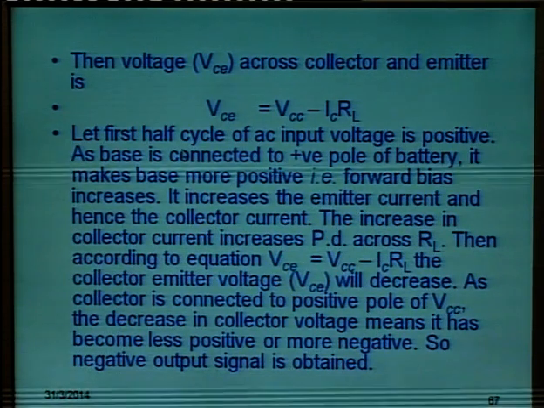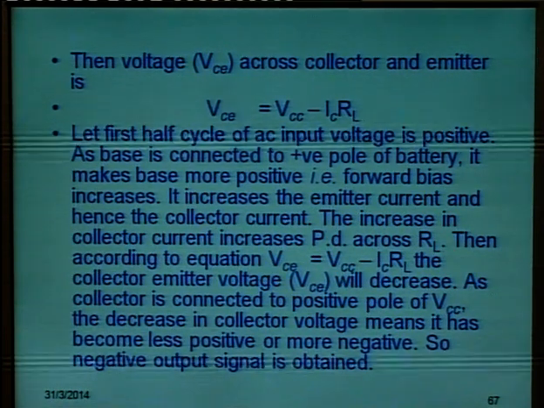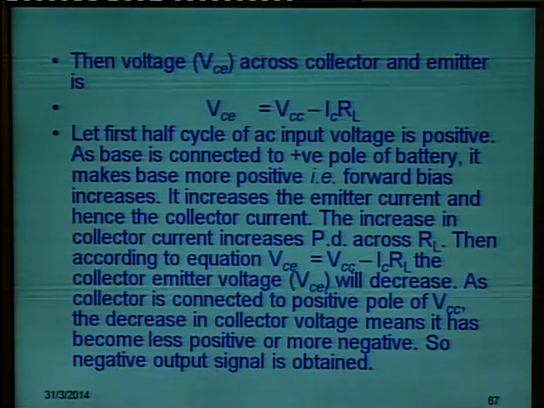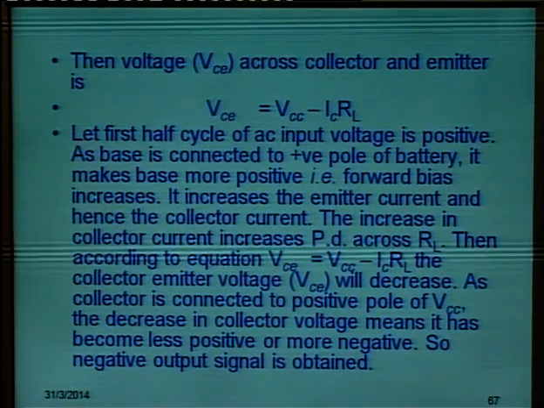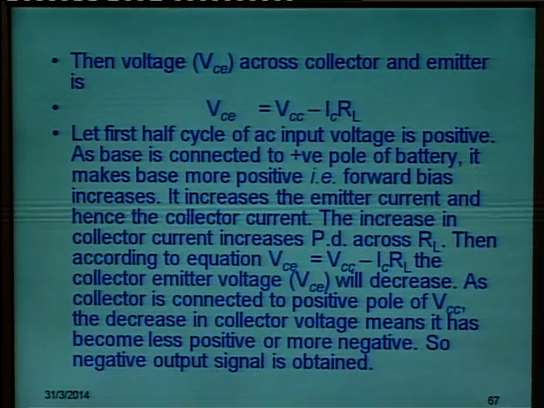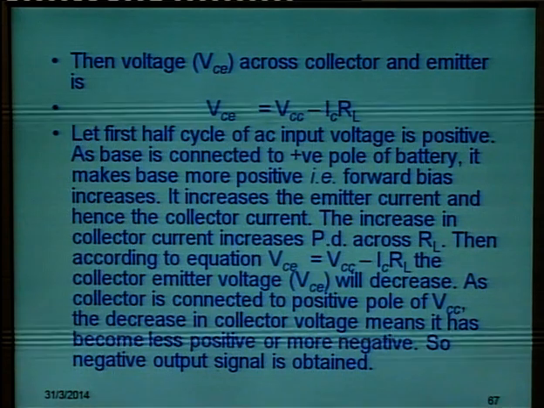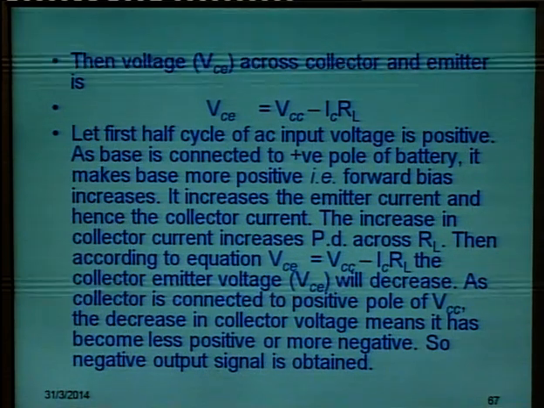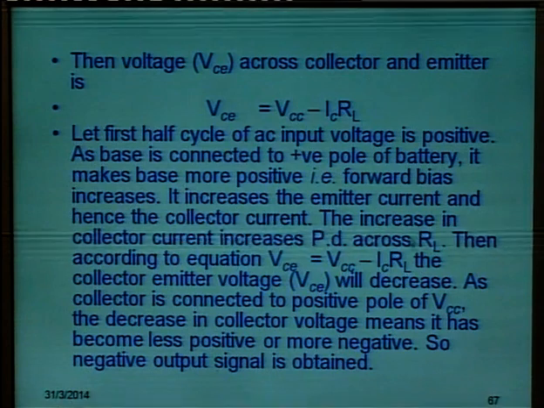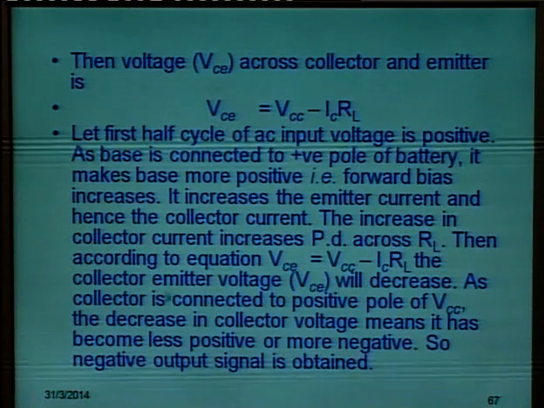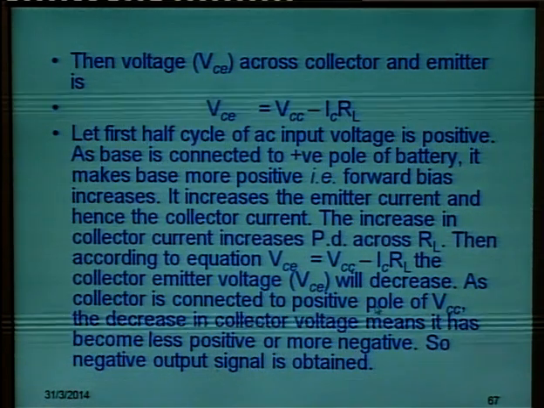Supposingly the first half cycle is positive, base we have already connected to positive. So, it will make the base more positive, means forward biasing increases. This means the emitter and collector current, they both will also increase. So, if the collector current increases, potential drop across load resistor also increases. So, this means VCE will decrease.